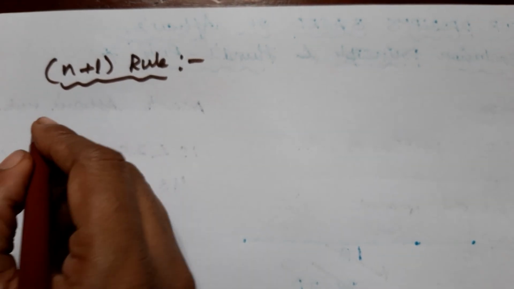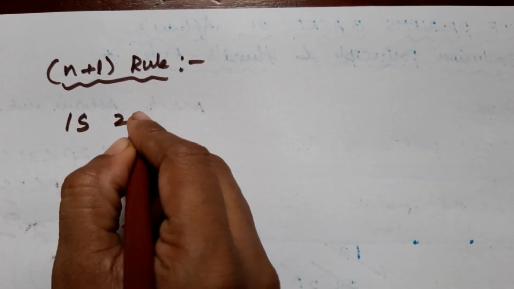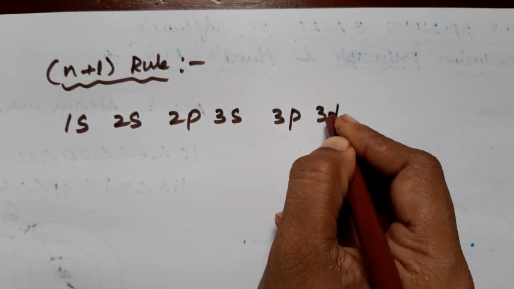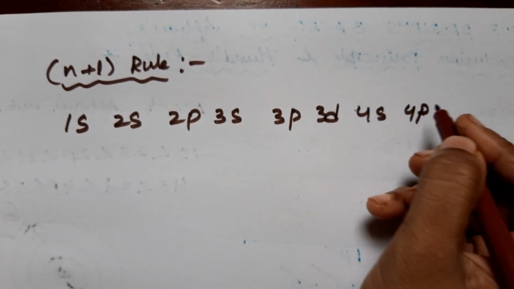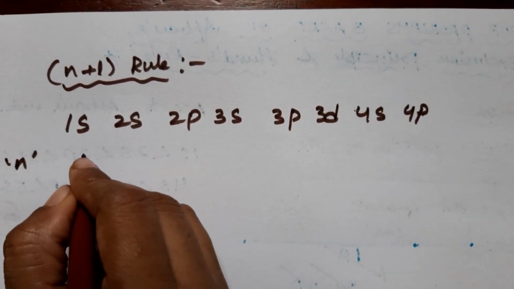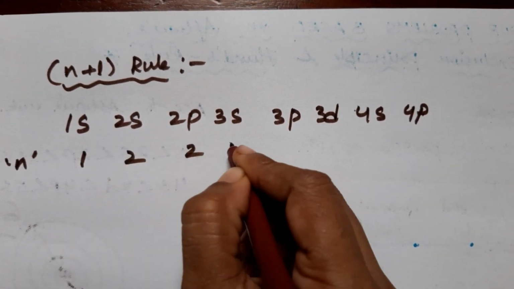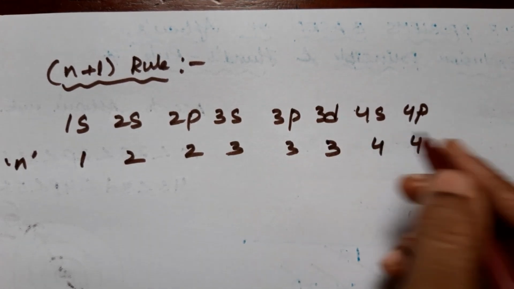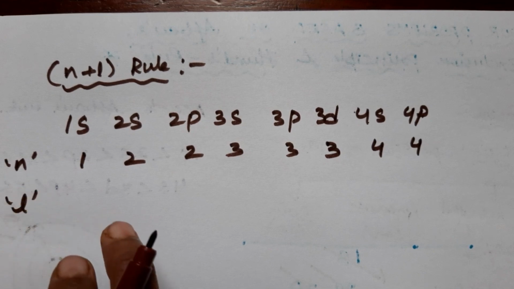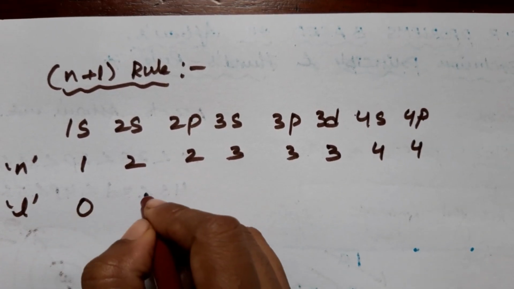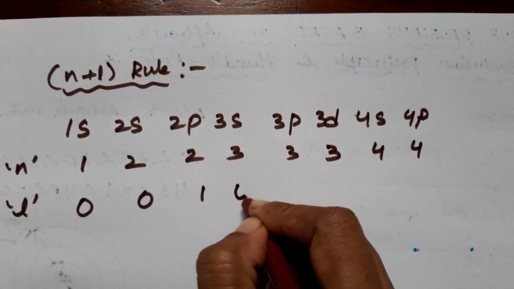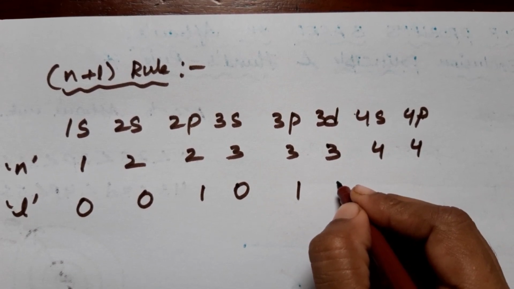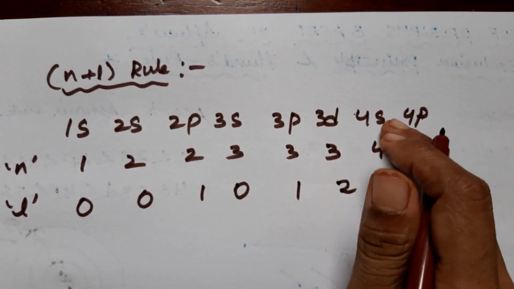If I take the energy order 1s, 2s, 2p, 3s, 3p, 3d, 4s, 4p, write the n value here: 1, 2, 2, 3, 3, 3, 4, 4. Write the L value as we explained: 0, 0, 1, 0, 1. Here p means 1, d means 2, s orbital means 0.